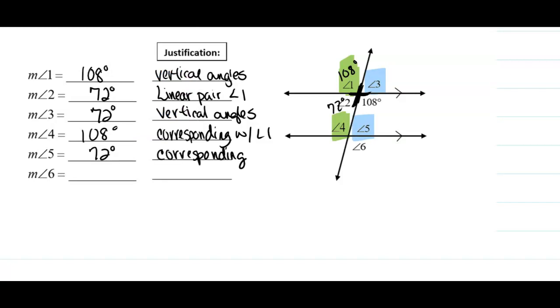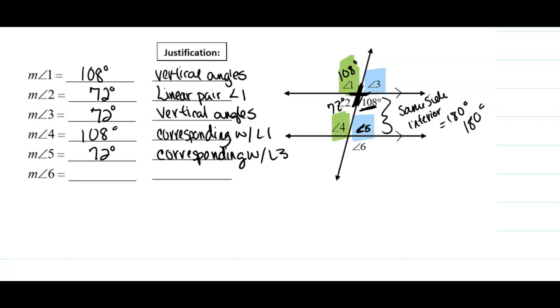Please keep in mind that you can use any justification that is allowed. For example, if you had angle 5 with this 108 degrees, you could have also said that these are same side interior angles. And we know that same side interior angles equal 180 degrees because they're supplementary.